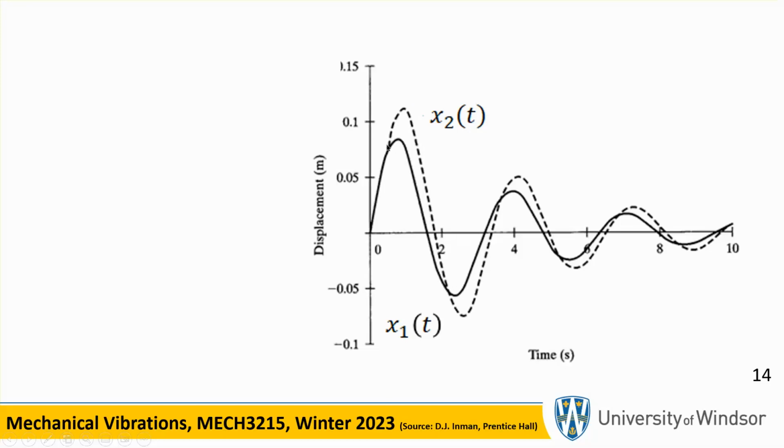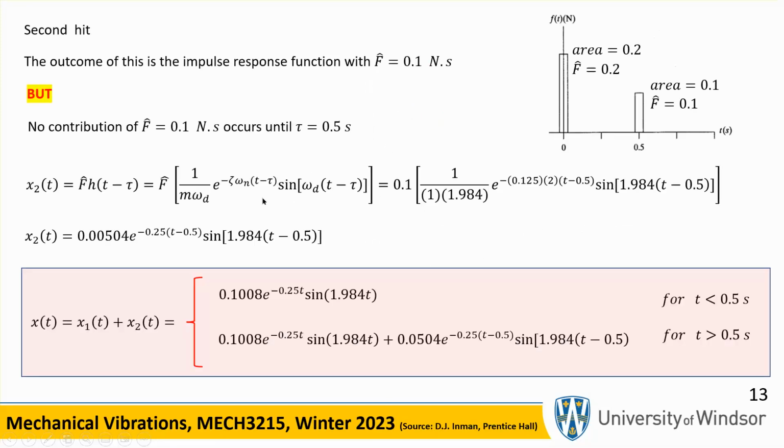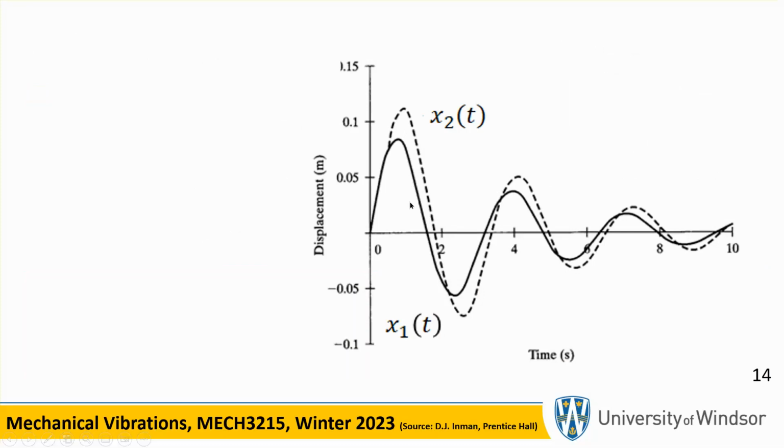But after we hit it, x1 and x2 are added, and this dashed curve is actually x1 plus x2. This dashed curve is x1 plus x2.